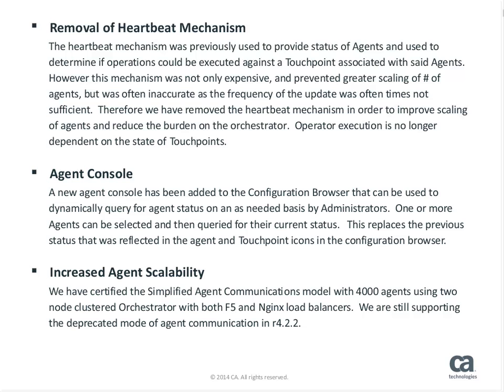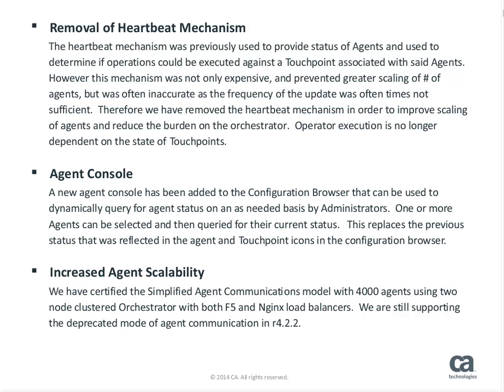Because we removed the heartbeat, now in the configuration browser, we don't show icons that reflect red or green for the individual agents or orchestrators. So if you wanted to get a status of your agent, instead of going to the configuration browser and seeing it reflected there, we've added an agent console that can be launched from within the configuration browser.